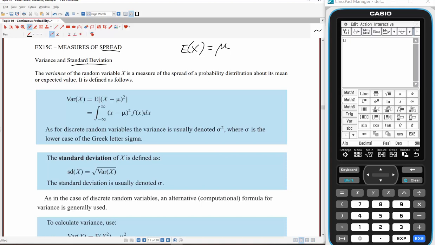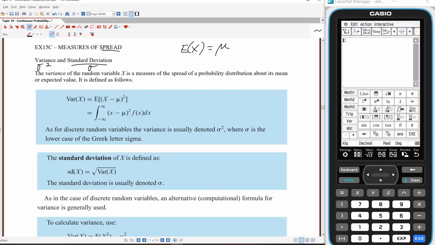So to get the standard deviation, we go through the variance. The variance itself doesn't have a lot of meaning, but it's used to obtain the standard deviation. Remember, variance is called sigma squared and standard deviation is sigma, i.e. the square root of the variance. It works the same way it did with a discrete random variable.